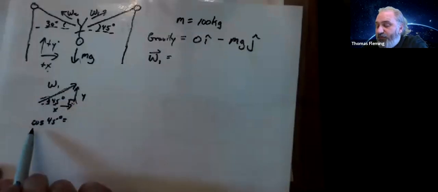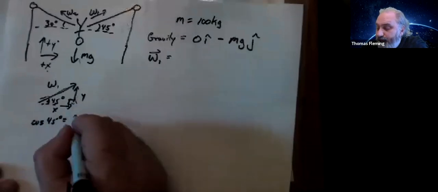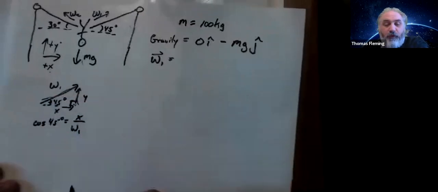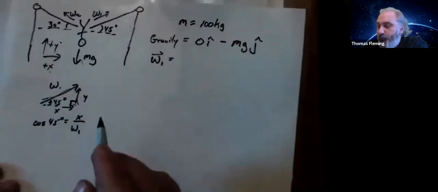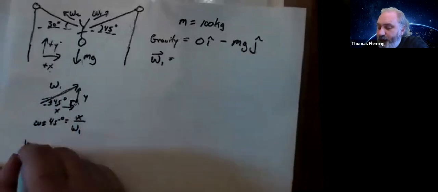So the cosine of 45 is adjacent over hypotenuse. So x over the total web force, which we don't yet know. I'm going to solve this for the x part by getting this on the other side.